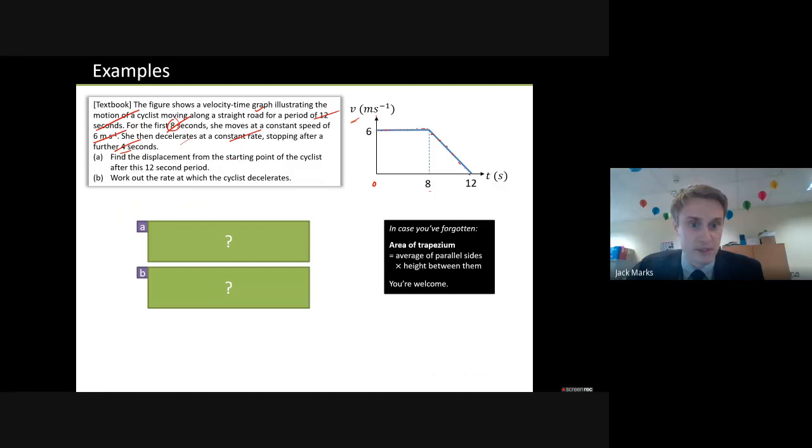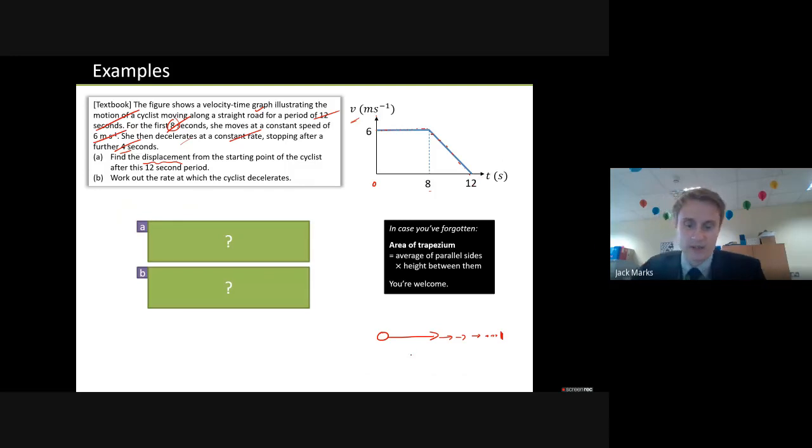Find the displacement from the starting point of the cyclist after this 12-second period. So displacement. Well, let's try and think about what's going on to start with. This person is moving at a constant speed in a straight line, it said. So they're moving along, moving along, and then they slow down and then they stop.